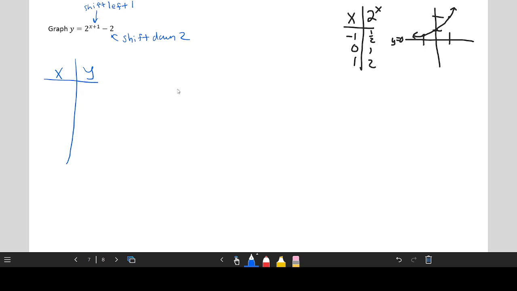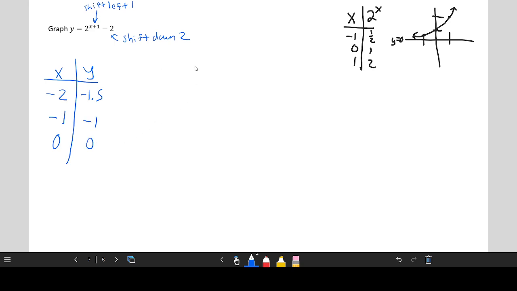And so you can do this visually if you want. I think especially for horizontal shifting, that's usually a good way to go. So if I was at -1 with this point before, and now I'm going to come to the left 1 and I'm going to be at -2. The point at 0 is going to move over to -1, and the point at 1 is going to move over to 0. And then to shift up or down, we're just subtracting from the y value. So we're going to have -1.5 here, -1, and 0.